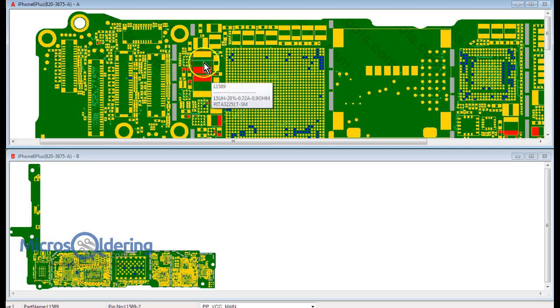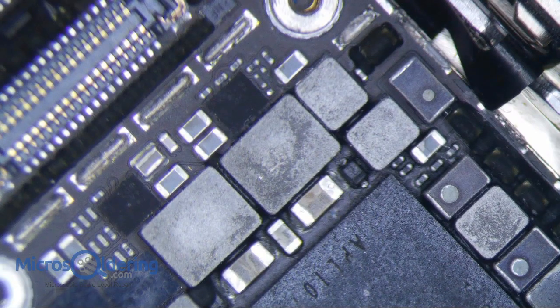Generally, if you look at the rating of the coil, you're getting about 0.9 ohms. If you're getting roughly 0.9 ohms, 1 ohm, something like that, then you can assume that coil is fine. And then you can also check these capacitors across it, and we'll go from there.